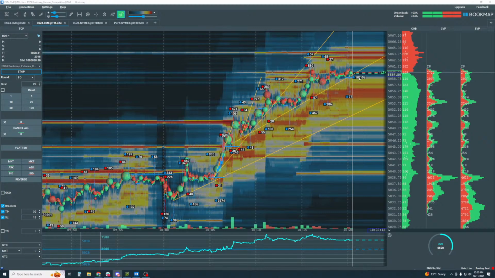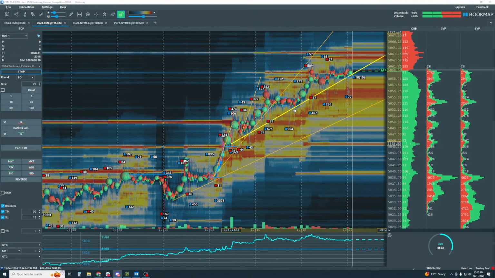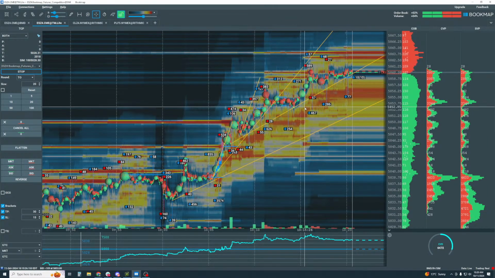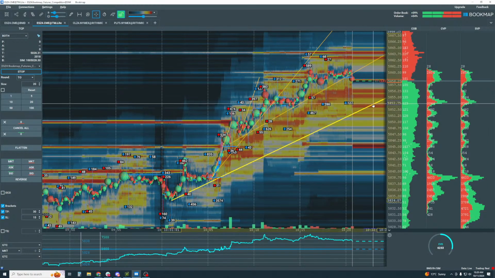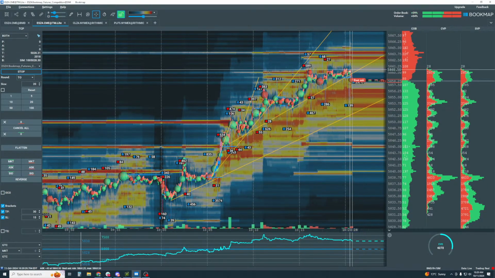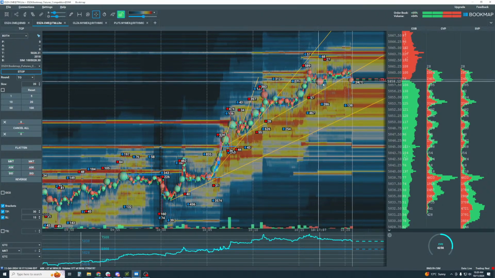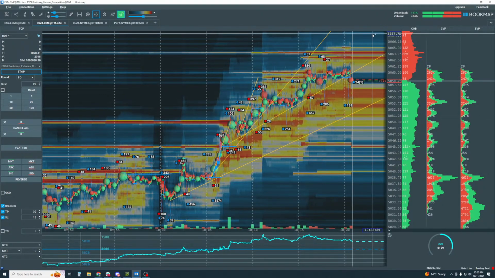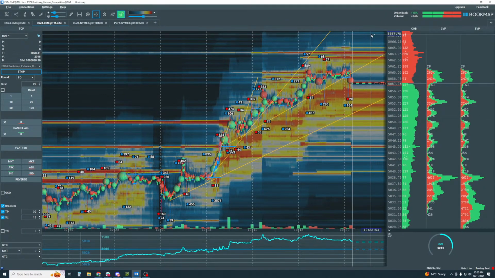All right, there will be pullbacks, no doubt about it. We'll see steep ones. They may come back down below here, at 52 or 53, somewhere around in here. And it may pull back to this other trend line down here. Okay, so it's not guaranteed that this is going to go straight up all day long. That's not what we're saying.